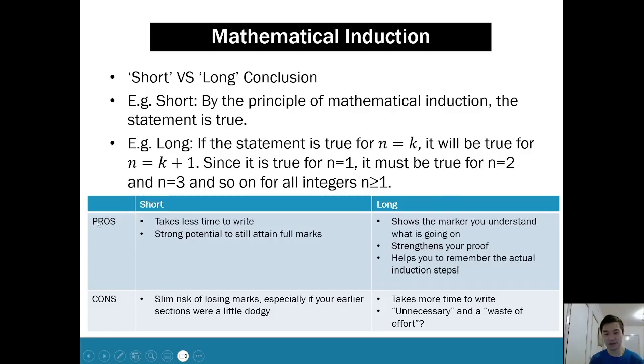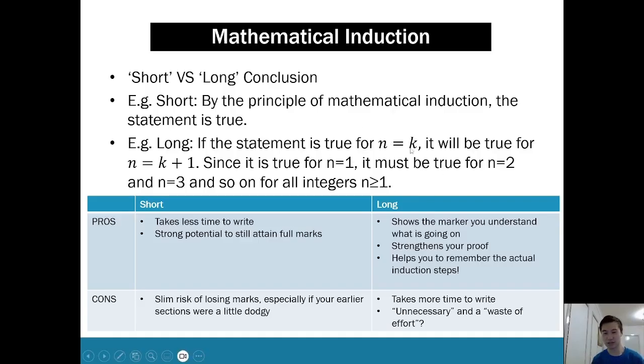But I've also put this table here about the pros and cons of the different types of conclusions and why you might want to choose doing a short conclusion or a long conclusion. But yeah, I personally always just wrote the long conclusion, and it's not too much longer to write, and it does strengthen your proof because it shows the marker you understand what is going on, and it also helps you to remember the actual induction steps because it's all reiterated here in the conclusion.